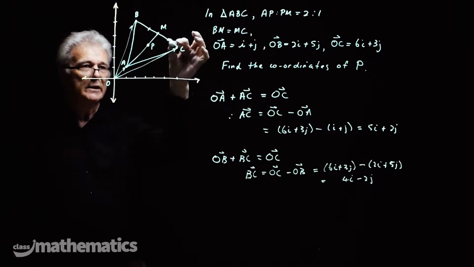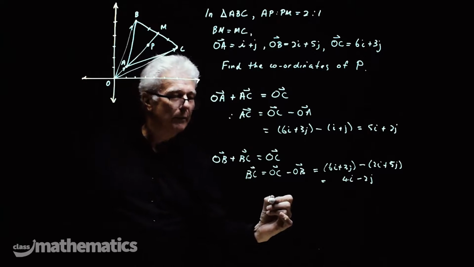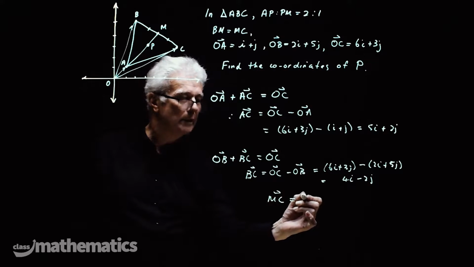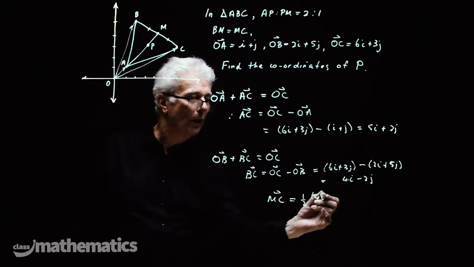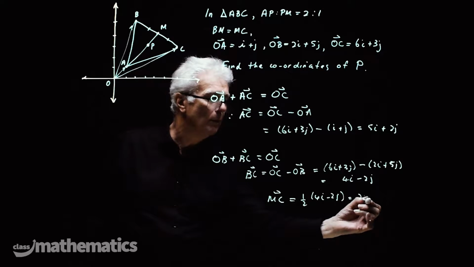Now seeing we've got BC, we need to find out what MC is, and MC is half of BC, so MC is a half of 4i minus 2j, which of course is 2i minus j.